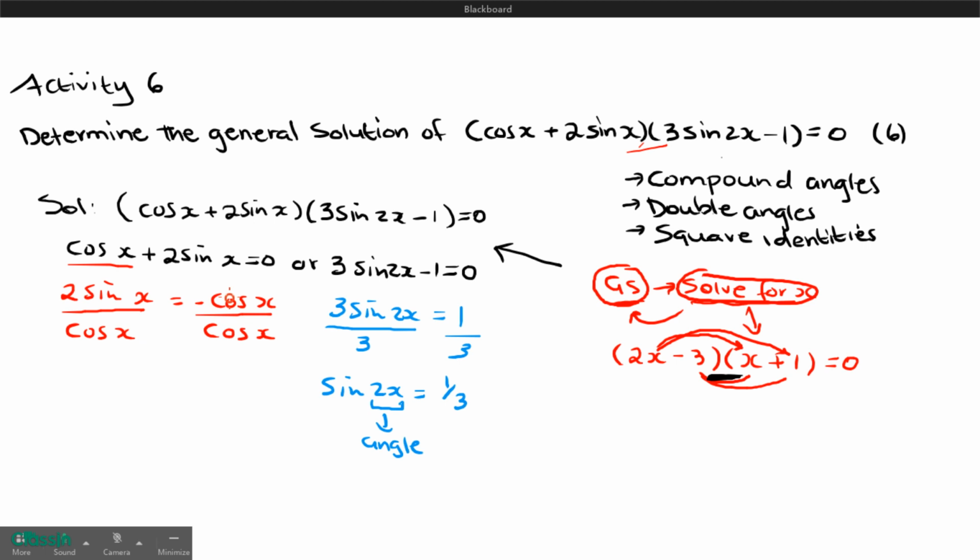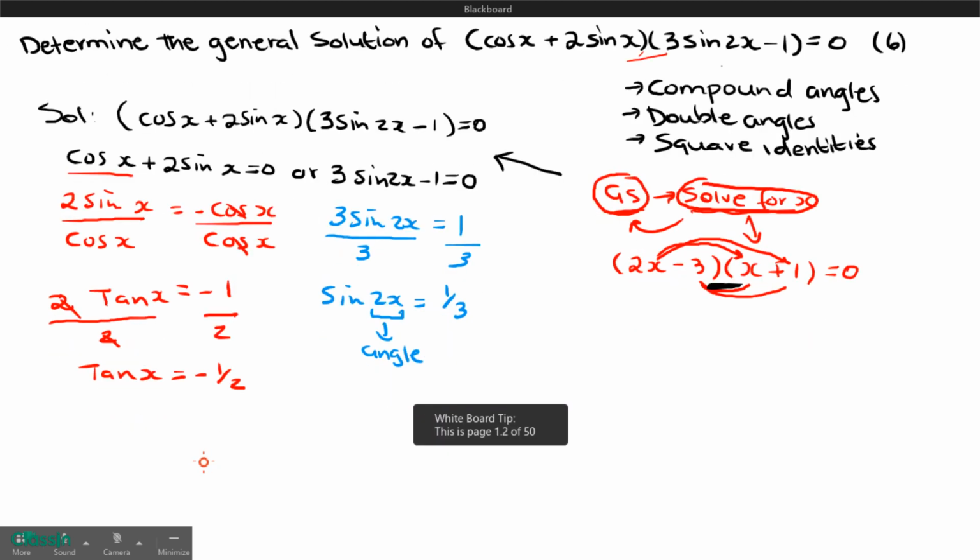Then what we are left with is that the cos x cancels, leaving -1. Then what is sin x over cos x? Sin x over cos x is the same as tan x. Then divide both sides by 2. The 2 cancels 2, and we are left with tan x equals -1/2.